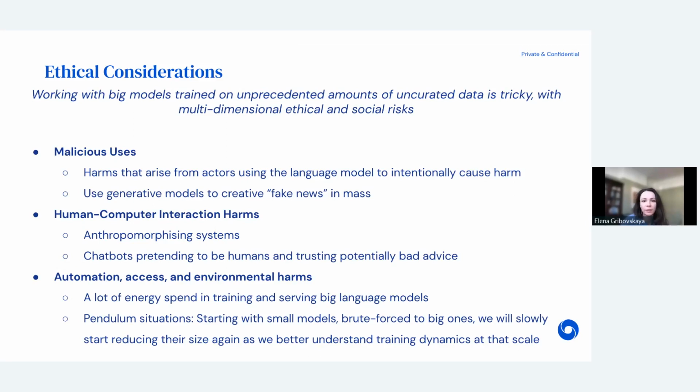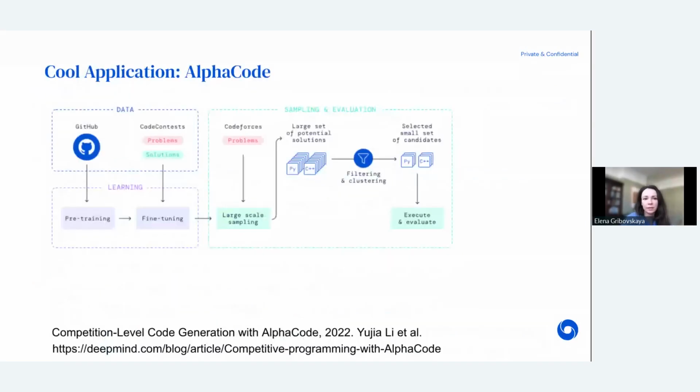I will very briefly highlight one very exciting work that recently was done in DeepMind. And it also relates to this problem of scale not necessarily being sufficient for improving performance on some more complex reasoning tasks.